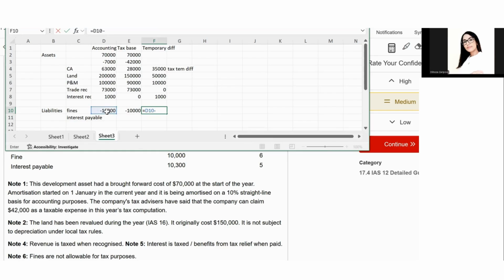If they are not allowable, then you have permanent differences. So in temporary differences, you will have 0, right?